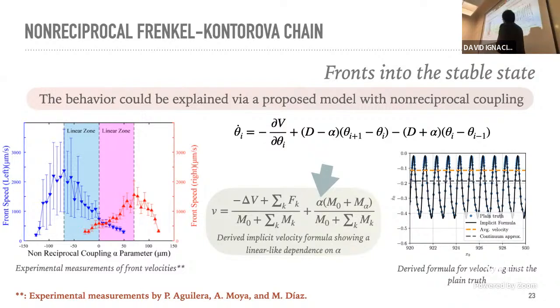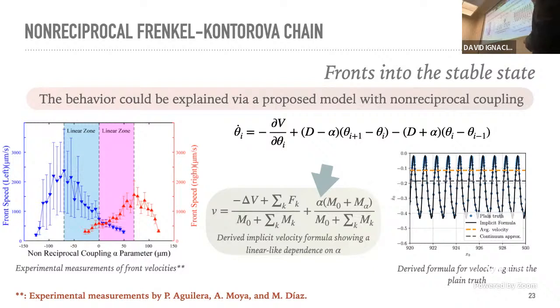Okay, so these are the measures of this propagation velocity, and then I tried to compute if we could reproduce these curves. Okay, so I was able to analytically predict the linear zone of this diagram with this complex formula that I derived using this equation.